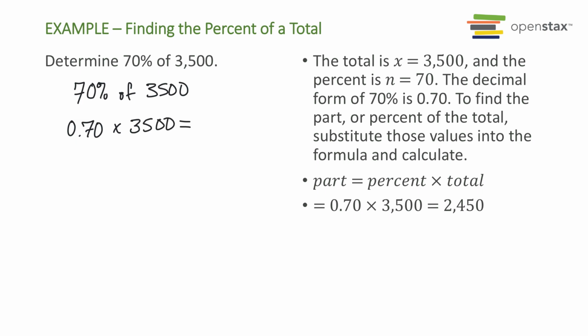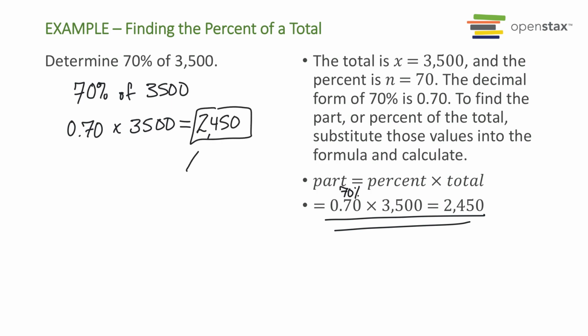And so we can come over here and see the part, 0.7, which was converted from 70%, times 3,500 is 2,450. So this is 2,450, and that's the part. This was the whole, or the base, and this was the percent of what you had.